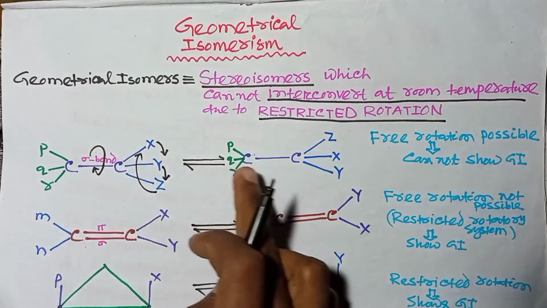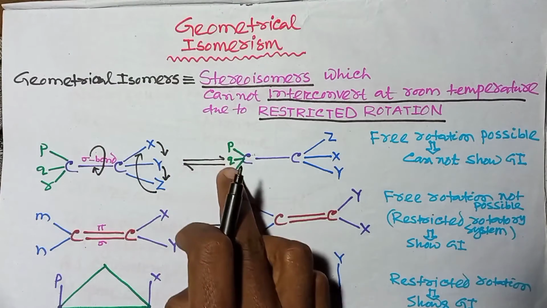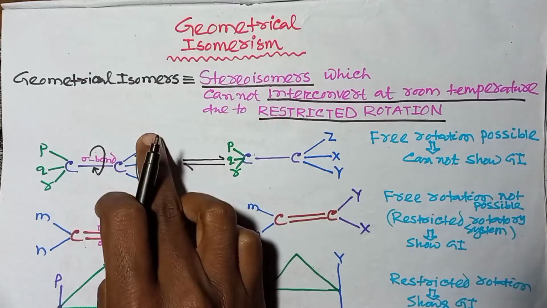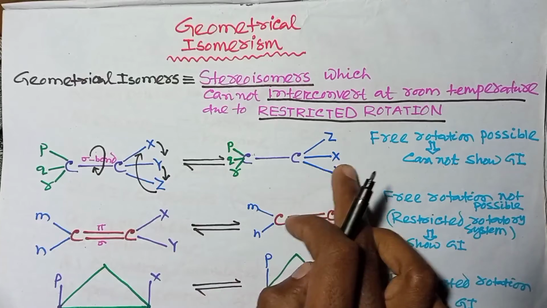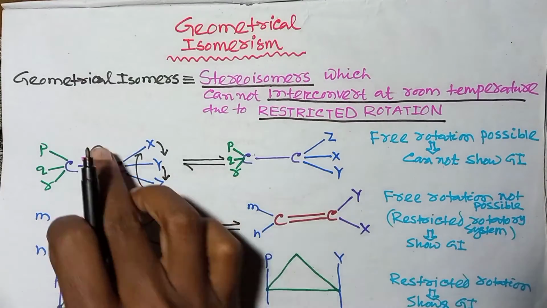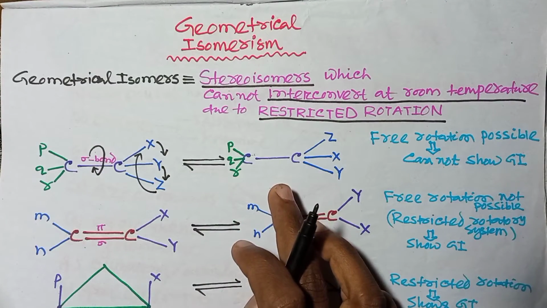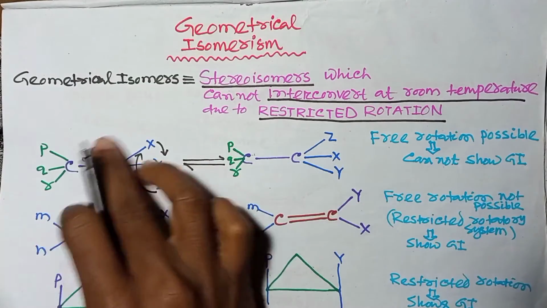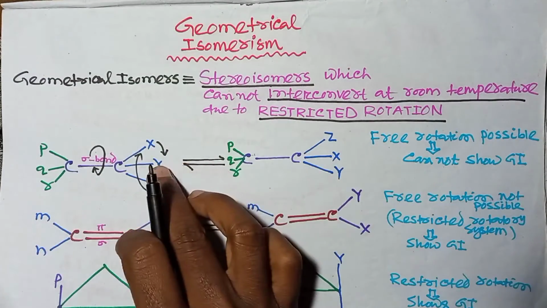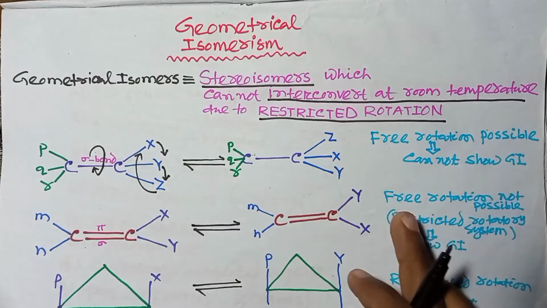After the free rotation we can get this compound, where x goes here, y goes here and z goes here. So free rotation is possible in this case, and this compound cannot show geometrical isomerism.